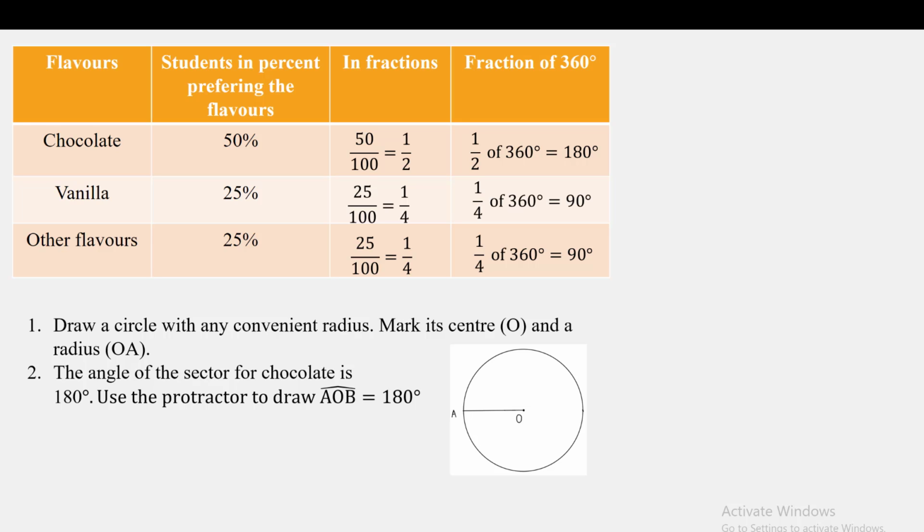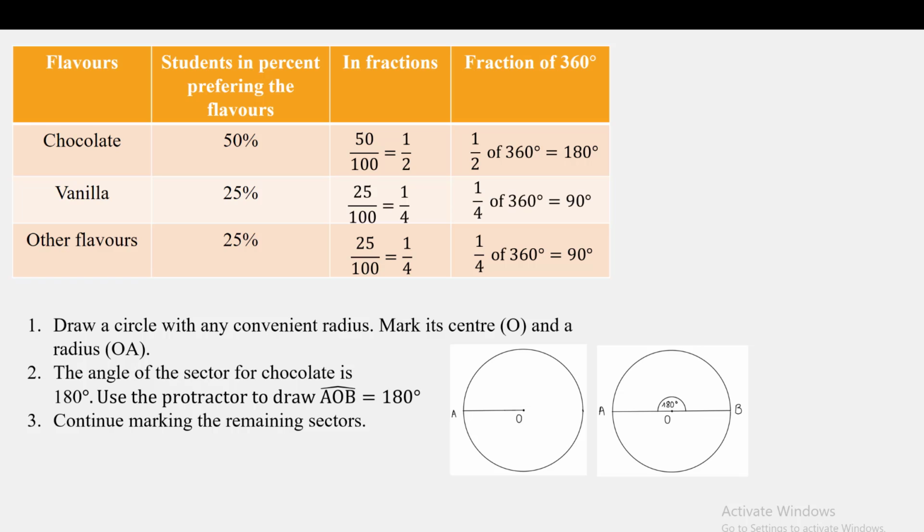Use the protractor to draw angle AOP equal to 180 degrees. 3. Continue making the remaining sectors.